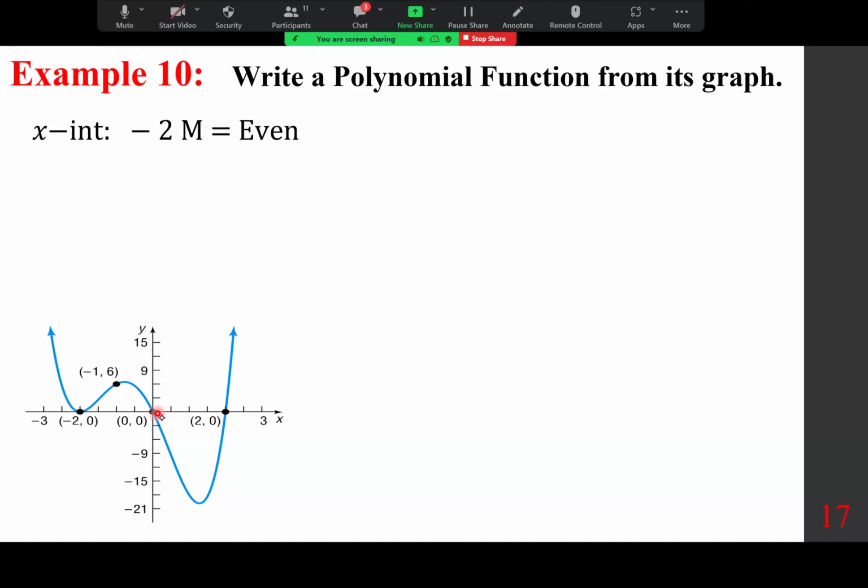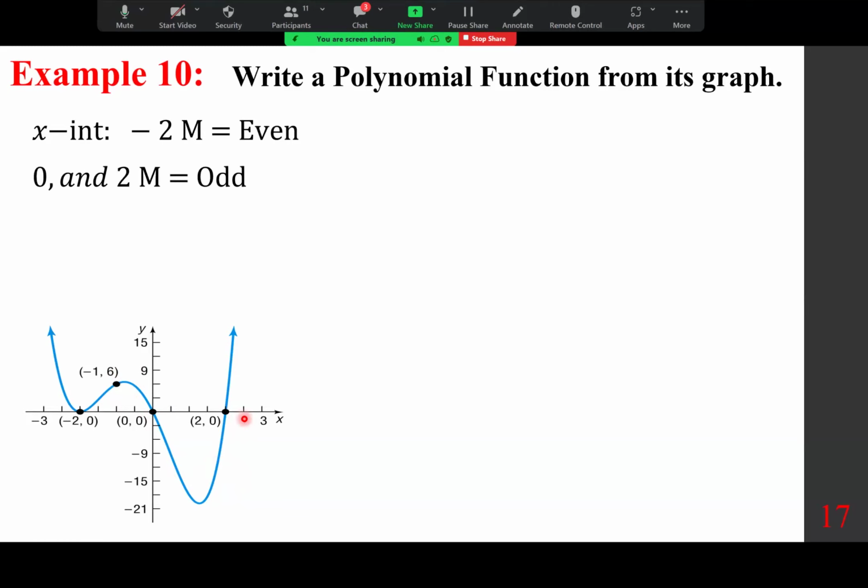The next one is 0. The multiplicity is odd. The next one is 2. Both of them, the multiplicity is odd, because the graph crosses the x-axis right then and there in both cases. Right here it crosses, right here it crosses.